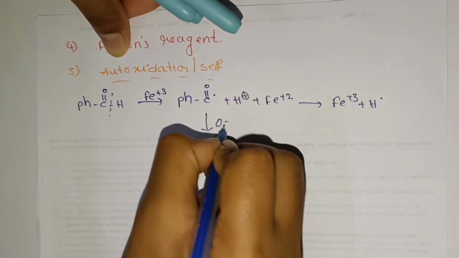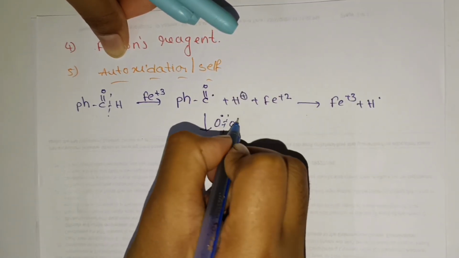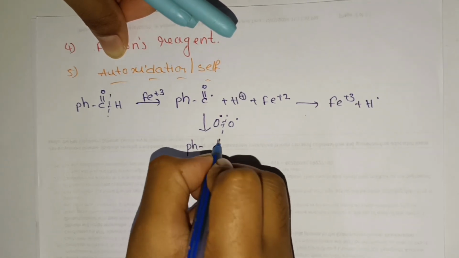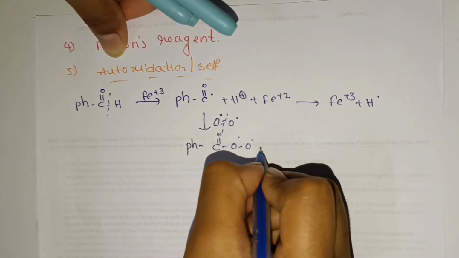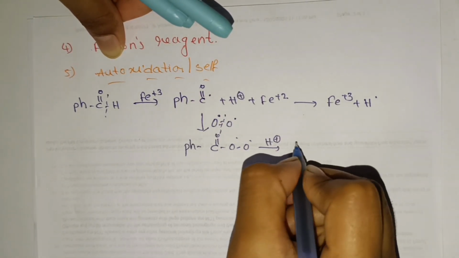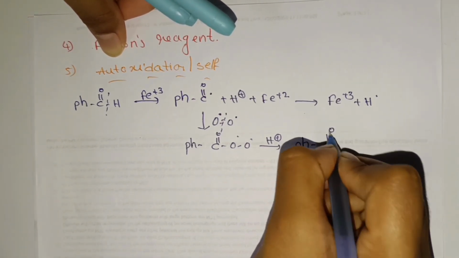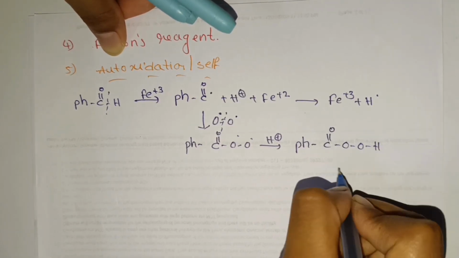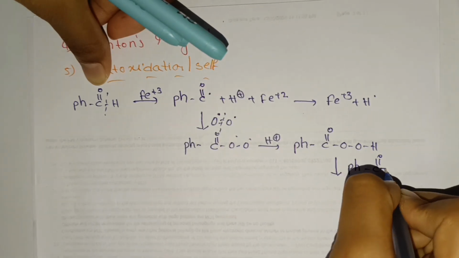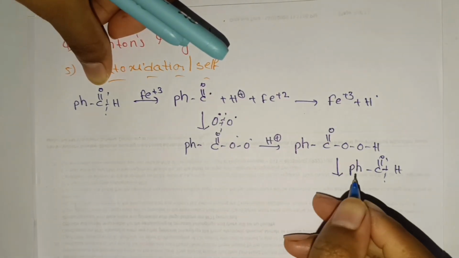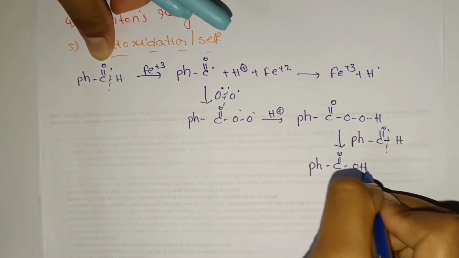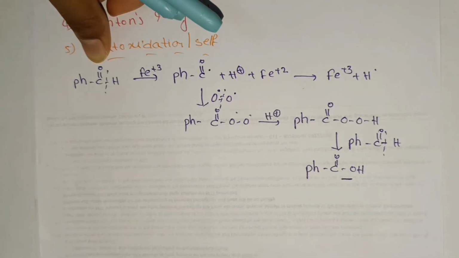It reacts with O2, here one free radical, here one free radical. It forms like this. This is a free radical. Again it reacts with H plus, it forms this one. Again, here breakdown of hydrogen. Finally it forms carboxylic acids.